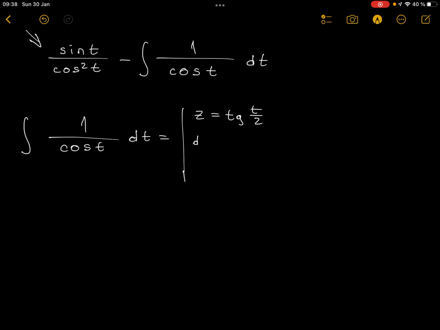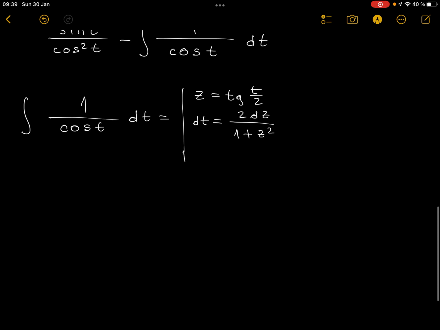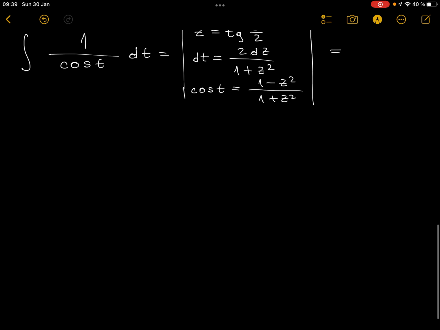So dt is equal to 2 dz over 1 plus z squared, and cosine of t from here should be equal to 1 minus z squared over 1 plus z squared.